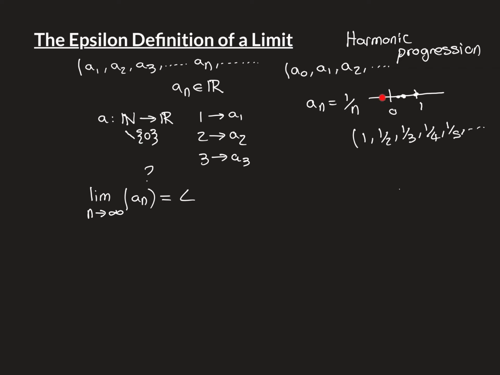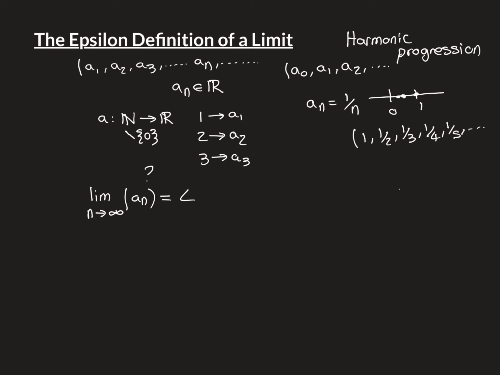It's also never going to cross over into the negative numbers. For all of the natural numbers, they're all positive numbers, so when you take their multiplicative inverse, that's still going to be a positive number. So it's just getting closer and closer to 0, but never actually getting there.